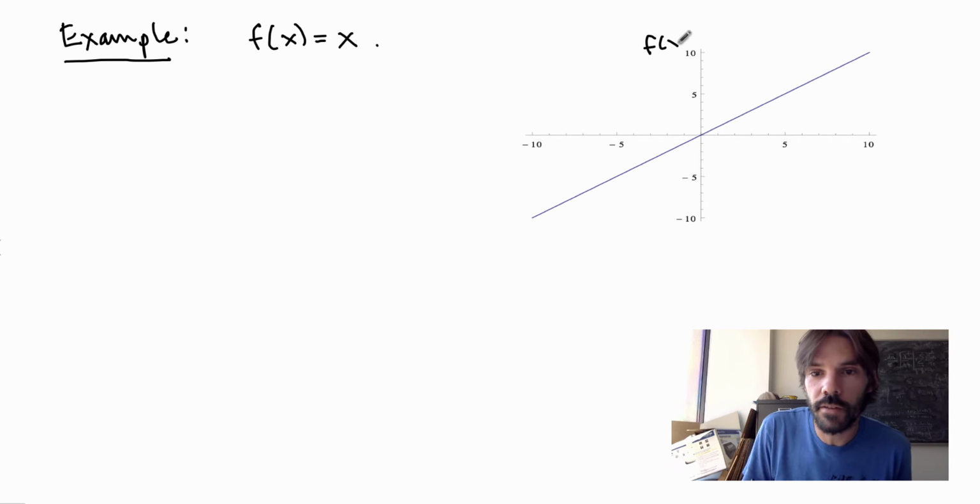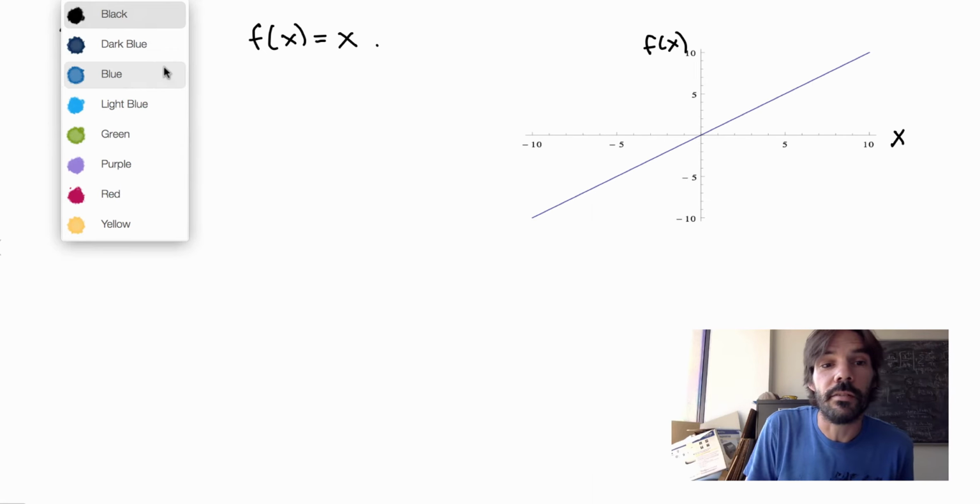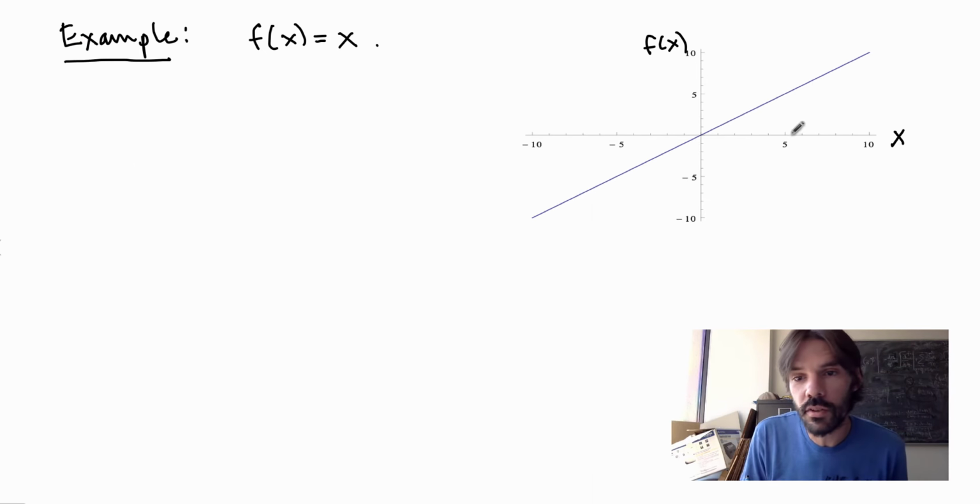So this is the function f of x as a function of x. What about the derivative here? Well, if I choose an arbitrary point here and the corresponding point on the curve, the tangent line turns out to just be exactly the same as the line itself, right? And that's true for any point on my graph.